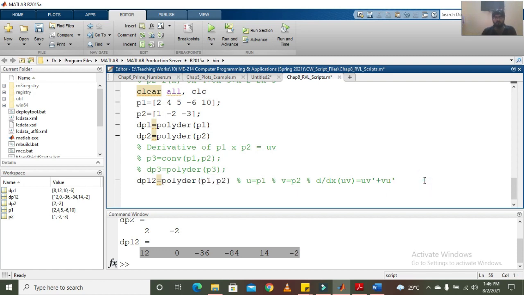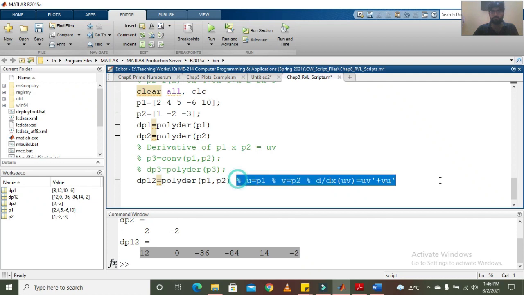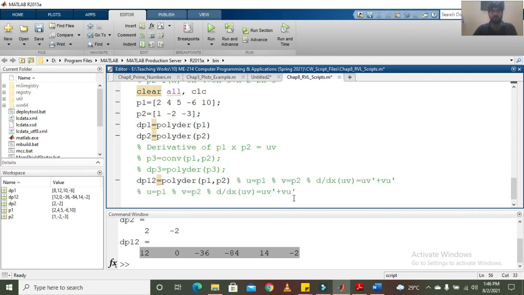Now we have also studied another thing in intermediate, which was related to the division of u and v. And for that case, the relation was like this, divided by v to the power 2, like v square.